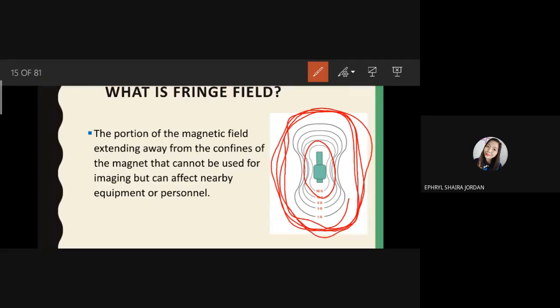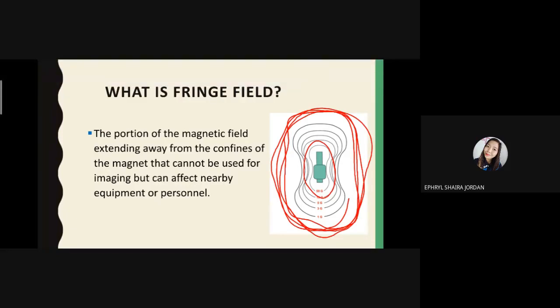Like if you put the oxygen tank here, well, ma-attract pa rin siya, diba? It could still be dangerous. For example, if the personnel is only standing at the corner of the room with a coin in his pocket, possible pa rin siyang hilain ng magnetic field. Yung fringe field, yung outside na magnetic field.